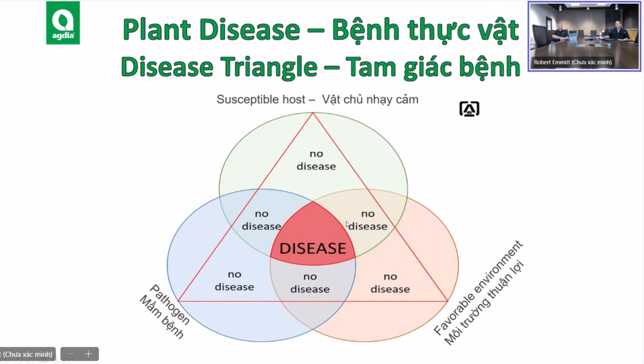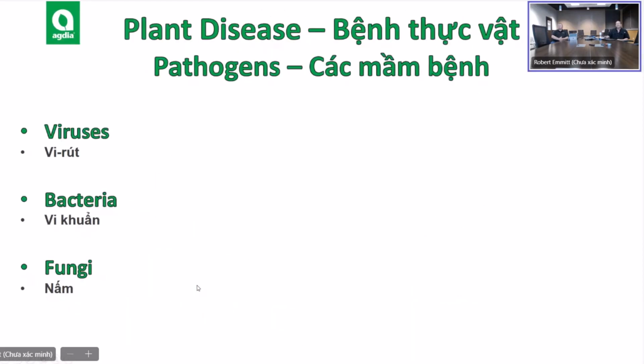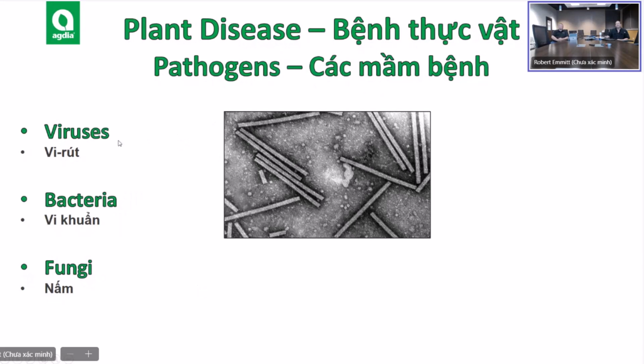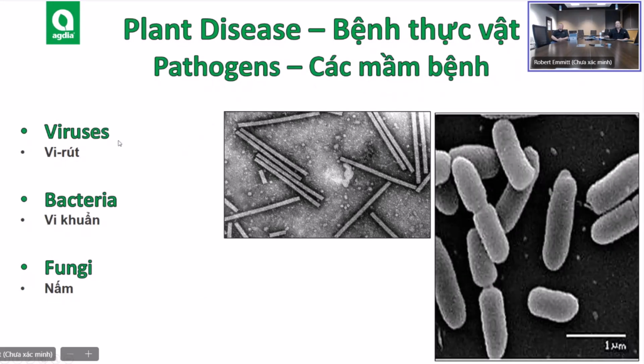So if any one of these is missing, no disease. When you get all of them, you get disease. Now, what I'm going to be doing is focusing primarily on the pathogen part of this triangle. And we're going to be talking about viruses, bacteria, and fungi.